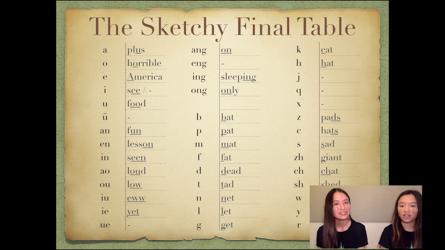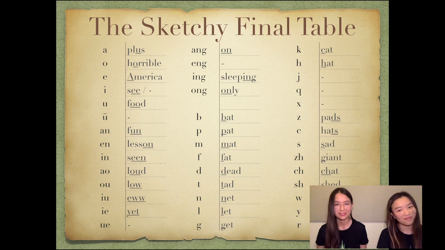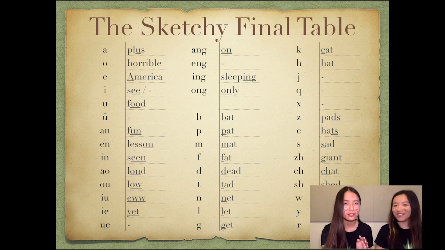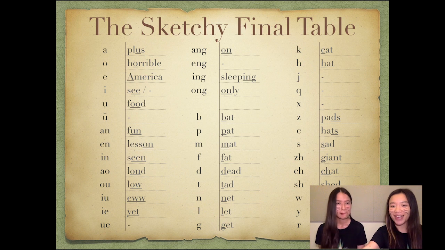And then we have giant, chat, shed, wet, yet, and red. It's not a rolling R, just so you know. And that's everything. Now you're ready to have some test.